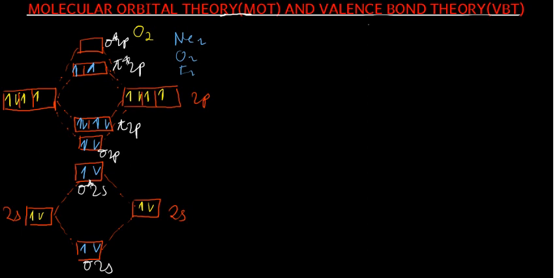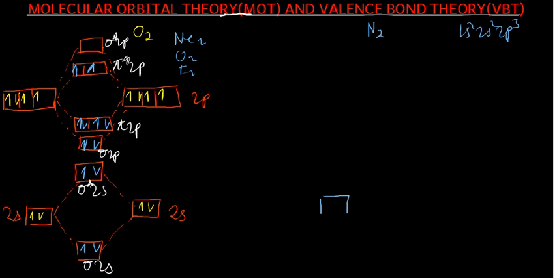So let me draw for nitrogen 2, and then the other ones you can also try out. Nitrogen has 7 electrons, so the electron configuration is 1s2, 2s2, and then 2p3.